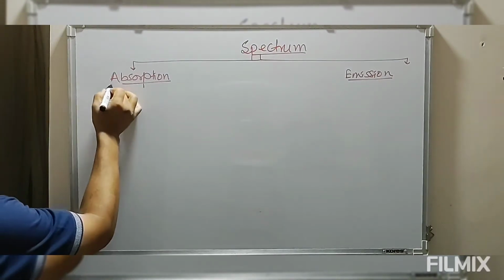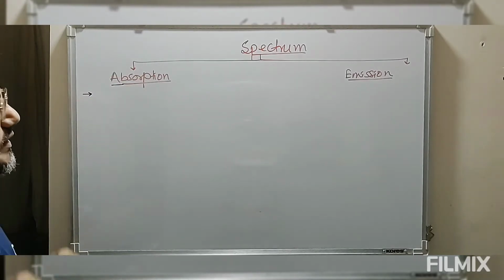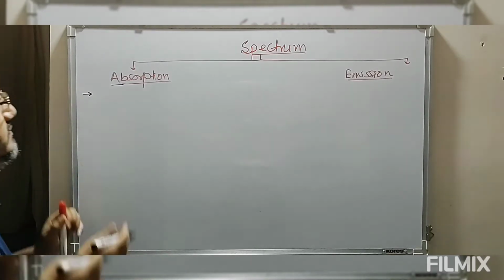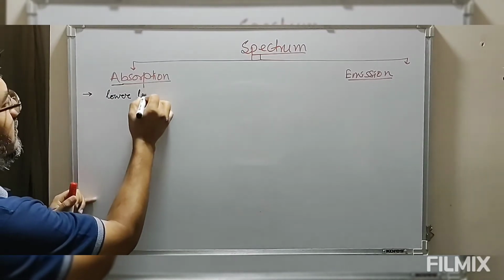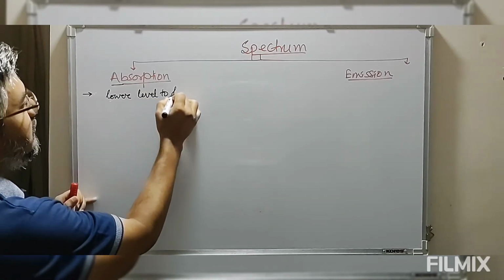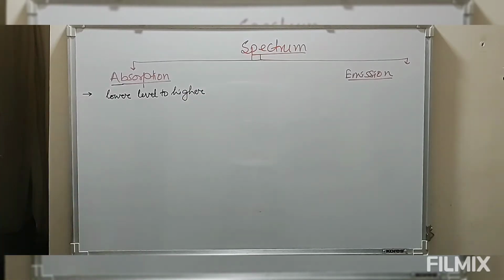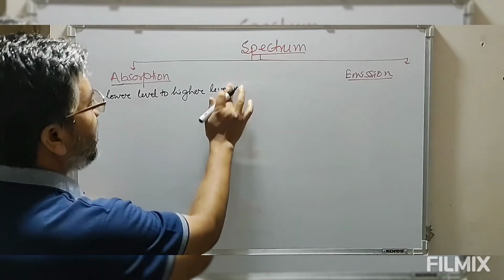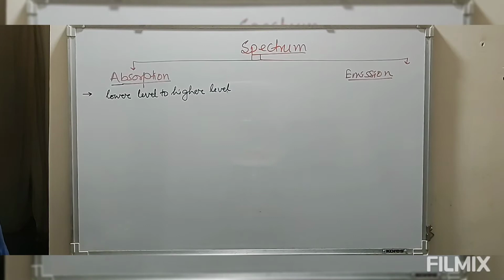Now in absorption spectra, an electron is excited from a lower level to a higher level. When an electron is transferred from a lower level to a higher level, energy must be supplied to the system, or absorption of energy takes place.